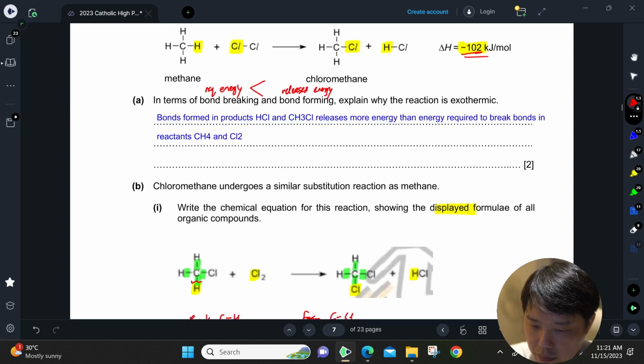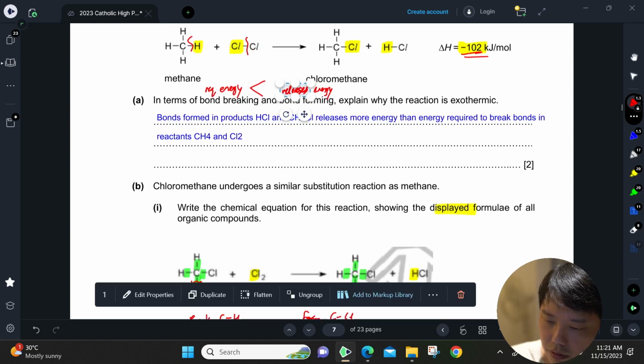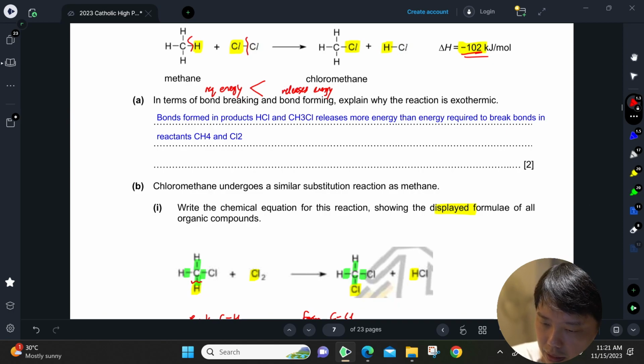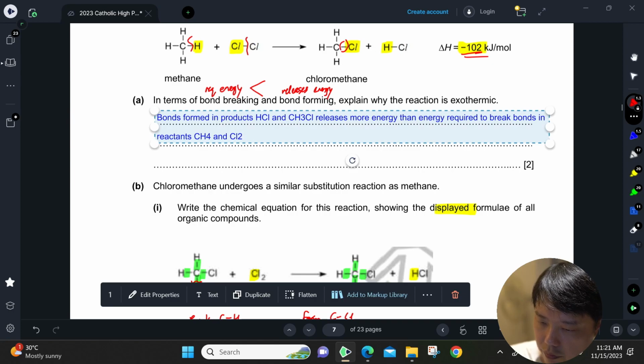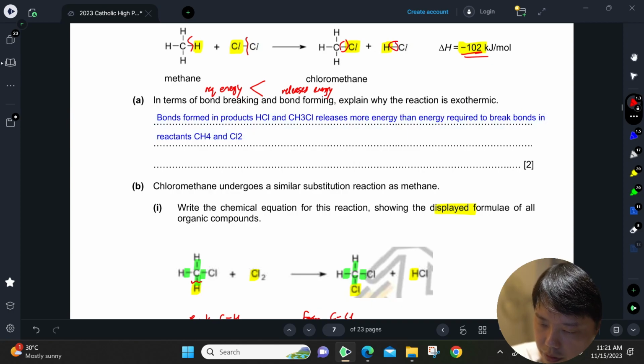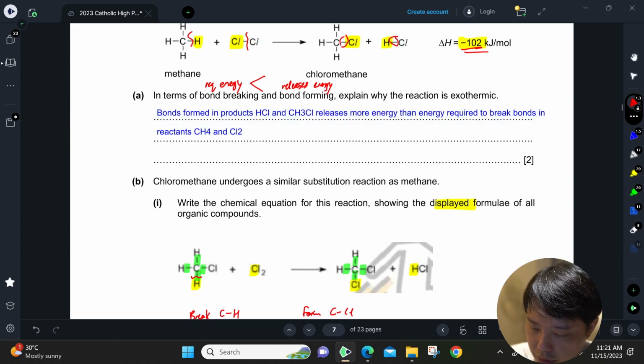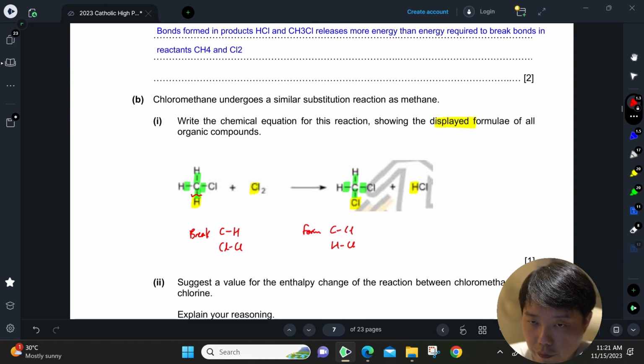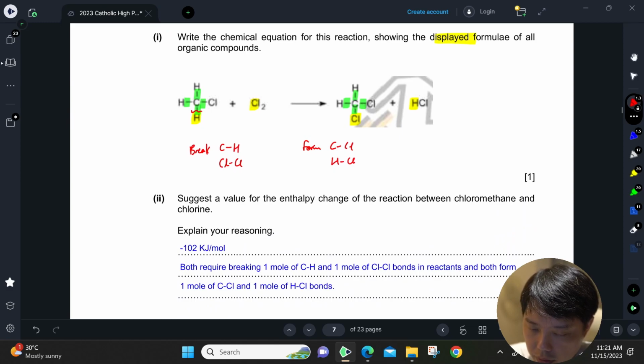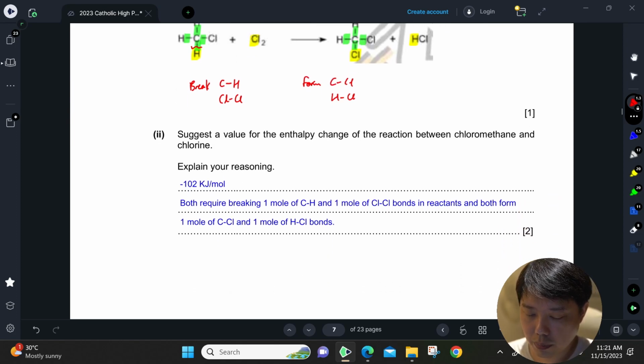That is the same thing that we are doing: breaking C-H, breaking Cl-Cl, forming C-Cl, and forming H-Cl. So it is basically the same four bonds that we are referring to. The delta H should be the same, right? The same bonds that are broken, the same two bonds that are formed.